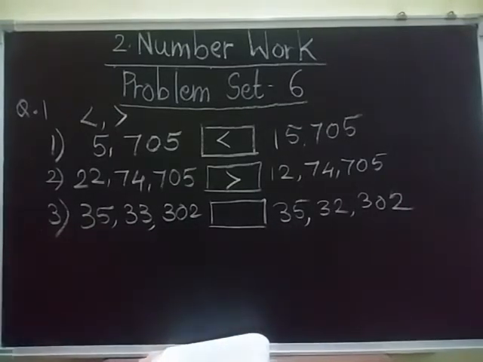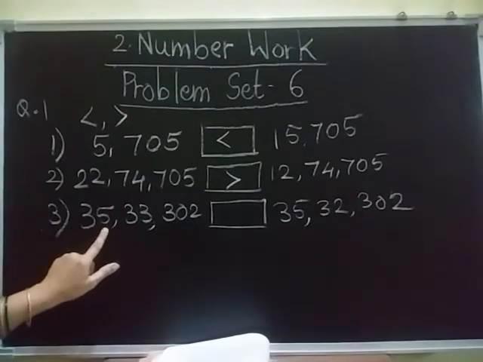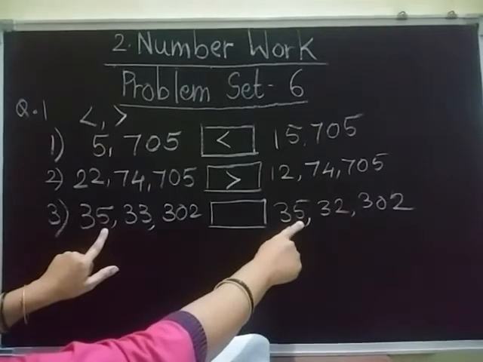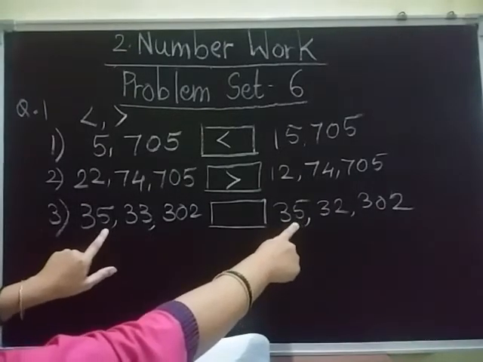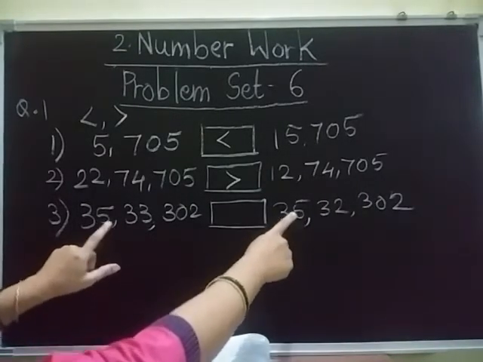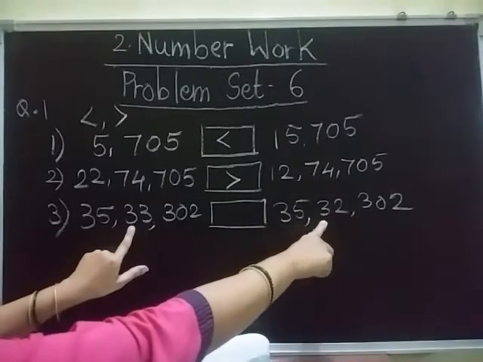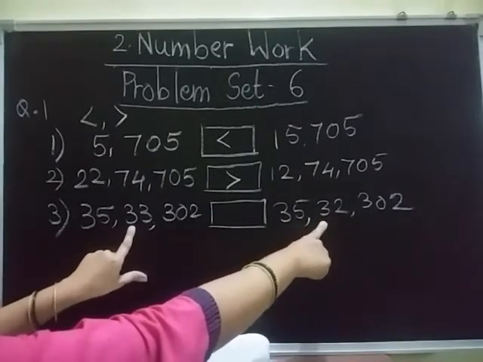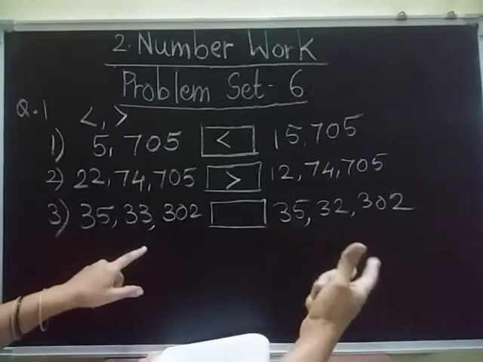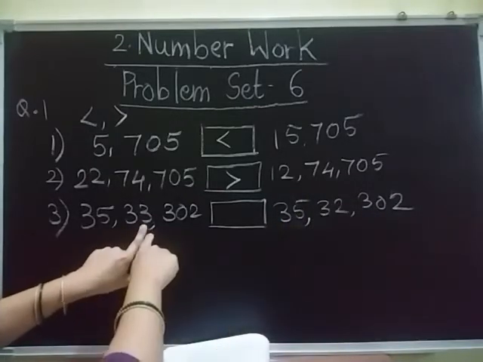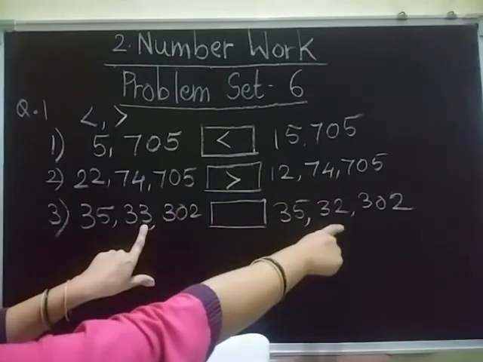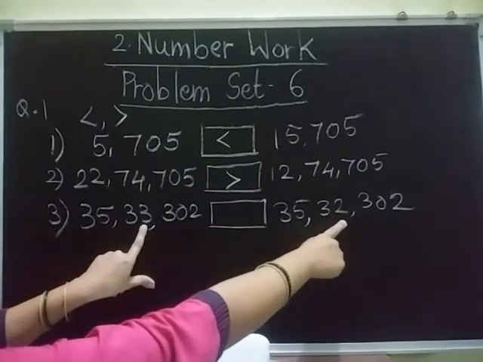Now let's move to the next digit. Second digit is 5, but here second digit is again 5. Now we'll see the third digit. Third digit, both the sides, is 3, same. Now we'll move to the fourth digit. Fourth digit is 3 and here fourth digit is 2.